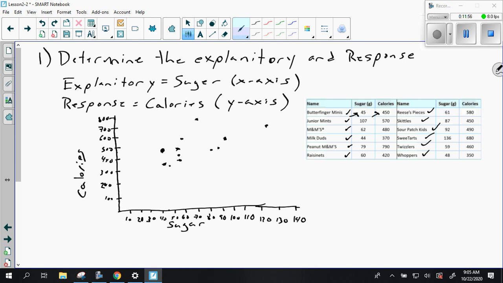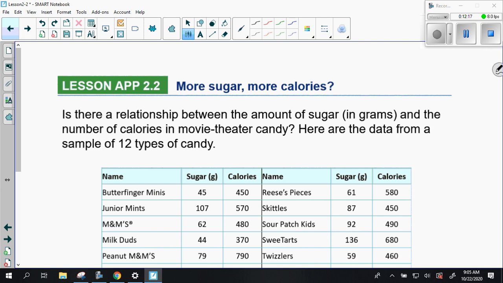Something like that. All right, so that's what our scatter plot is looking like right now. It looks nice. Okay, so we created the scatter plot. Now we need to talk about the relationship. Let's actually look at what the question is asking us exactly.